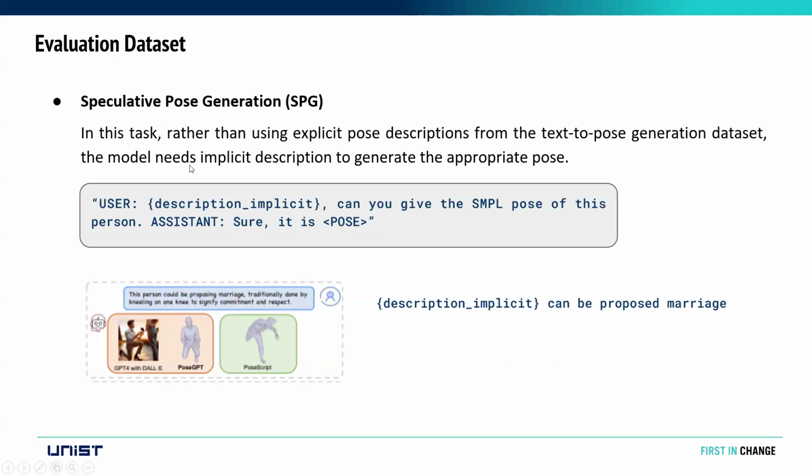In order to evaluate PoseGPT, they also introduced a speculative pose generation task. This task requires the user to give an implicit description for the pose generation. Because they are using the PoseScript dataset, the description would be very explicit. But in order to make the model produce a good result in estimating human pose, the description should be implicit.